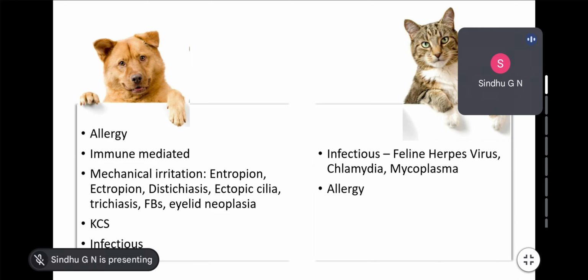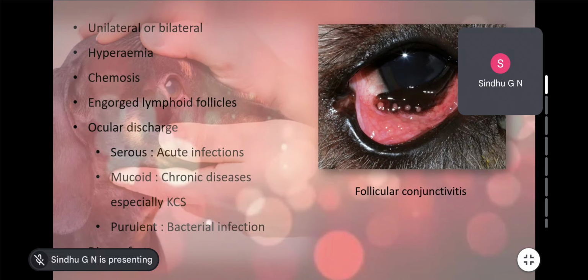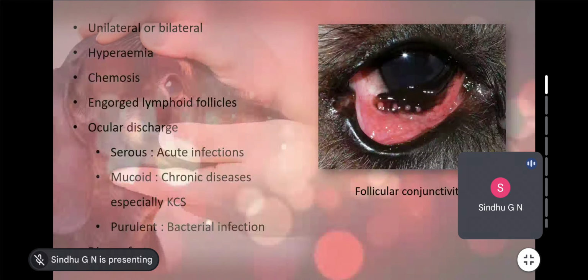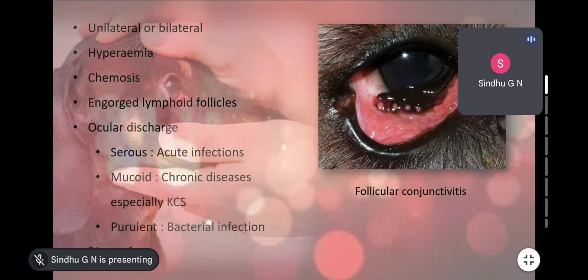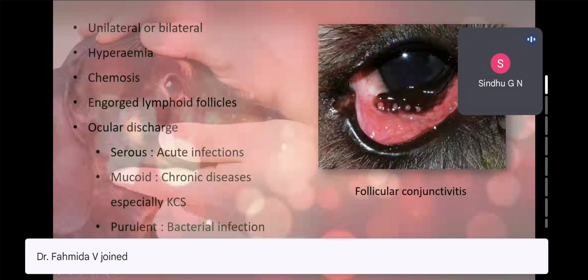And the second one is allergic. So it can be unilateral or bilateral. There will be severe hyperemia or increased vascular supply in the conjunctival blood vessels. Then chemosis or swelling of the bulbar or palpebral conjunctiva. Engorged lymphoid follicles. You can see in this picture small follicles. These are engorged lymphoid follicles.